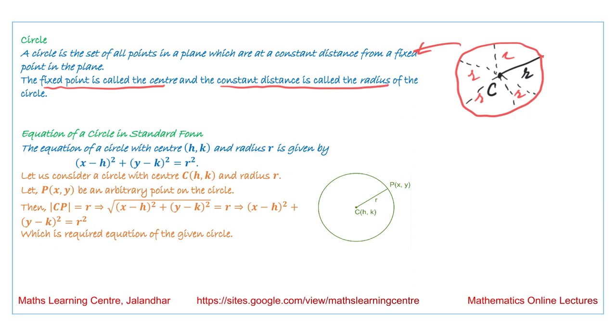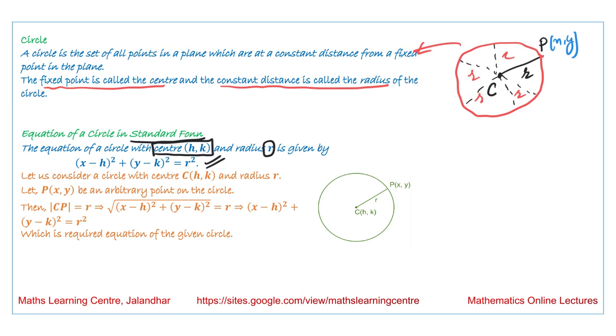radius of the circle. So the first result we have over here is the equation of the circle in the standard form, where the center is given by (h, k) and the radius is r. This is the equation of the circle. How can we obtain this? This is a point C, this is any point P over here, and let its coordinates be (x, y), the locus we want to calculate.